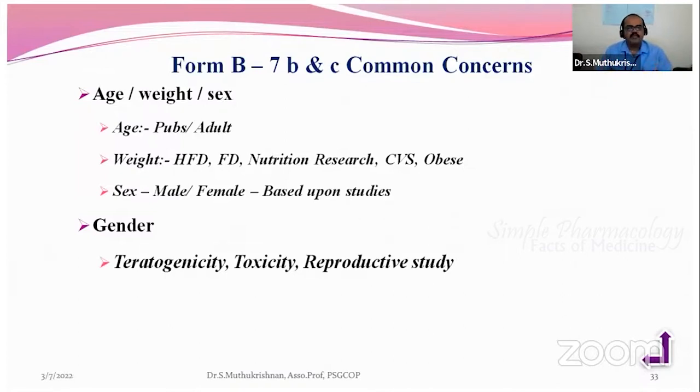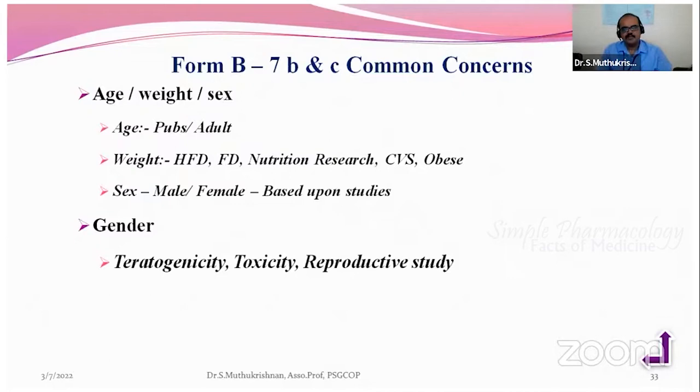An adult rat mimics the human well, so it produces better results. Weight also is one of the main reasons that can affect your data. The same applies to nutrition research, or cardiovascular or obesity related studies, where weight is one of the parameters. So you have to choose animals of the correct weight.